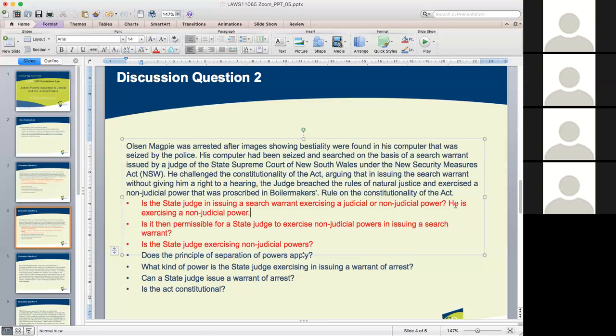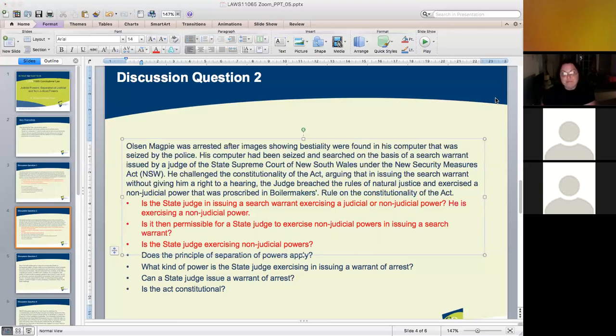What do you think? How do we answer? Janet, yes. I'd like to hear from Scott, then I'll go back to Janet. Scott, I would say that it is permissible for a state judge to exercise non-judicial powers in issuing a search warrant.